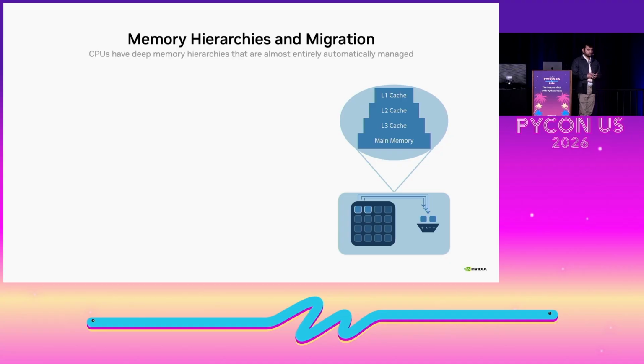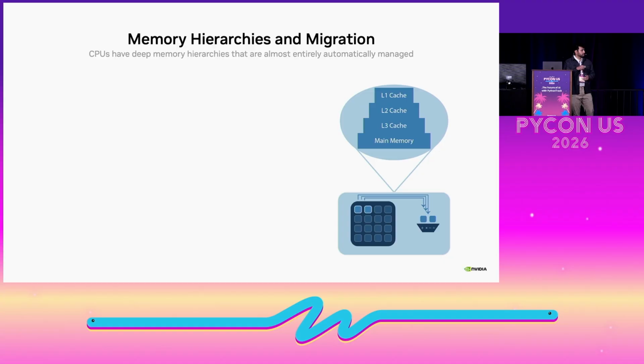It's done behind the scenes for you, especially if you're writing compiled code in something like C or Fortran, where the underlying code is generated by a compiler that's trying to make good decisions for you. So a lot of the decisions about how memory is translated up and down the stack are done automatically. You can write code, if you're aware of this, in certain patterns in order to facilitate better data movement, right? And that's something we'll come back to in a second.